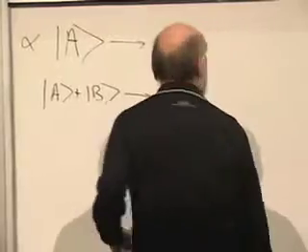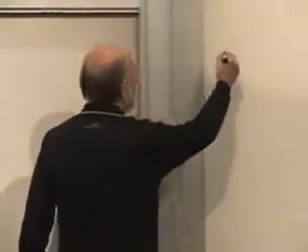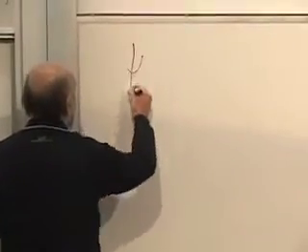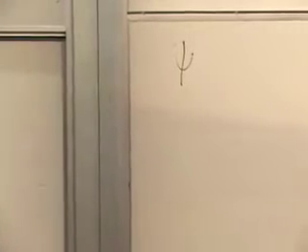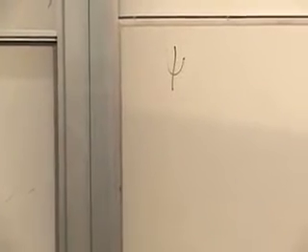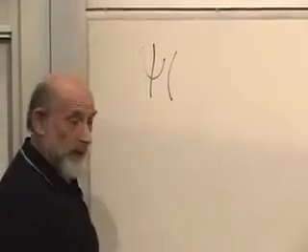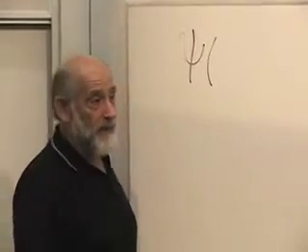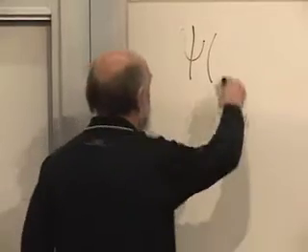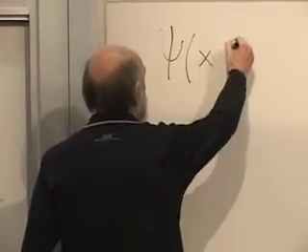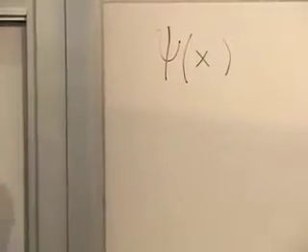All right, some examples of complex vector spaces. Complex functions. Let's call it psi, a function of a variable. Now, the variable does not have to be complex. It could just be an ordinary real argument of the function.